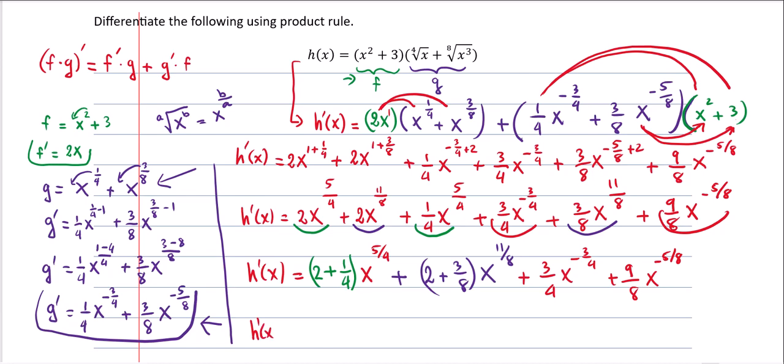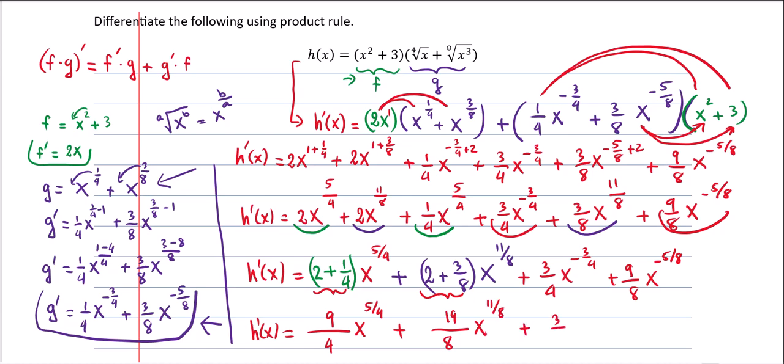And then the last step, we'll add these two coefficients, that will be 4 at the bottom and 9 at the top, and x to the 5 over 4. And we'll also add these two. You get the LCD with 8, and you get 19 on the top, x to the 11 over 8.